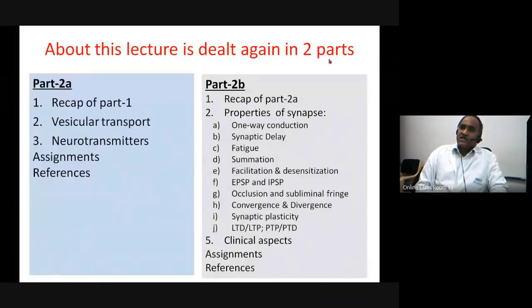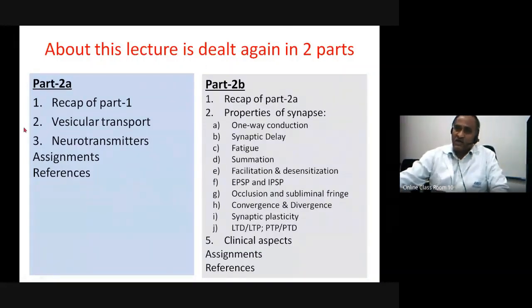In the last class, we covered the definition of a synapse and all the things related to the synaptic parts, the functions, the presynaptic parts, and so on. We even mentioned the events happening during synaptic transmission.